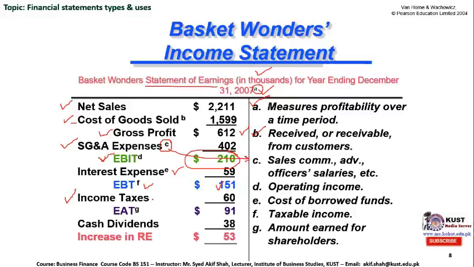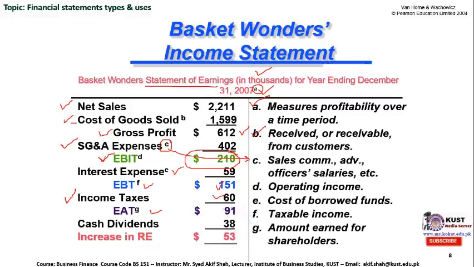After applying certain percentage of tax on 151, which come up with $60 of tax, we are left with earning after tax, which is $91. But actually this 91 is in thousands, so $91,000 is the earning after tax for this company.